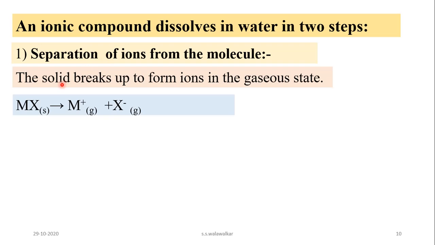And in separation, what happens? The solid breaks up to form ions in a gaseous state. For example, MX is the solid, and when it is dissolved in a solvent, the first step is to separate these ions from the solid. As it is an ionic solid, strong attractive forces are present between the positively charged ion and the negatively charged ion, and the first step is to separate these ions into a gaseous state.